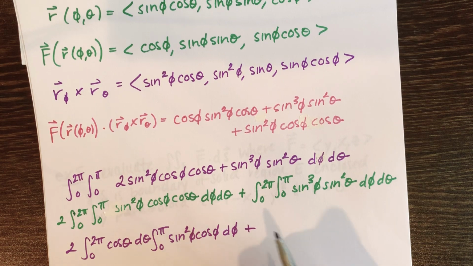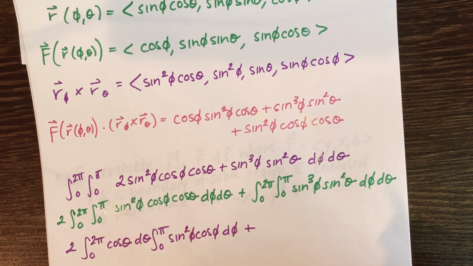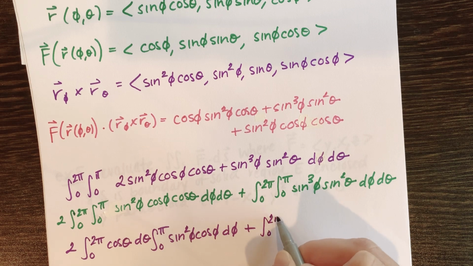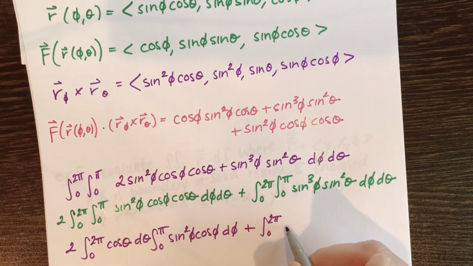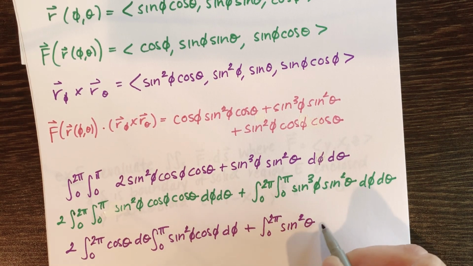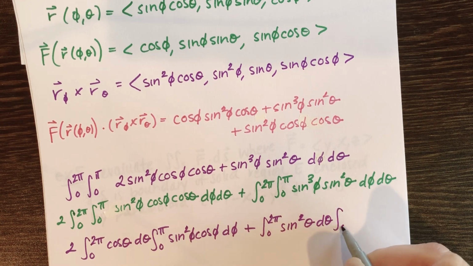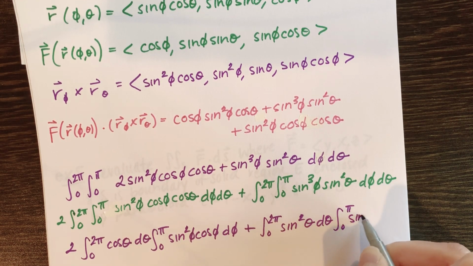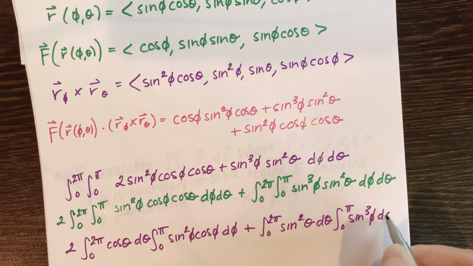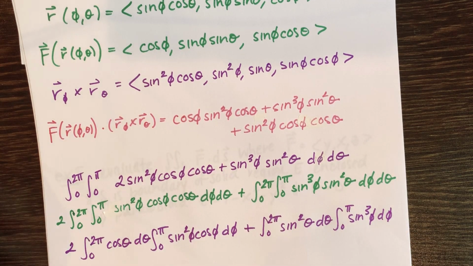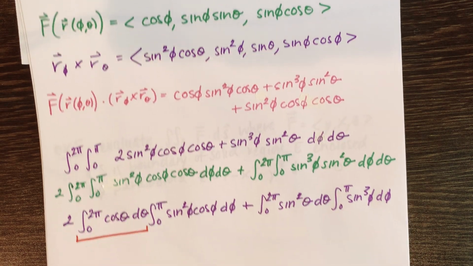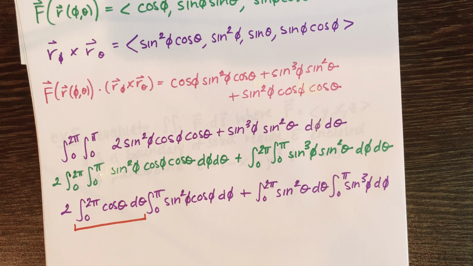And then same thing with this second piece, I can separate it. So I can do 0 to 2 pi sine squared theta d theta, and then 0 to pi sine cubed phi d phi. What's helpful about this is hopefully you can see that this part right here is just going to be 0. I'm going to have cosine theta.